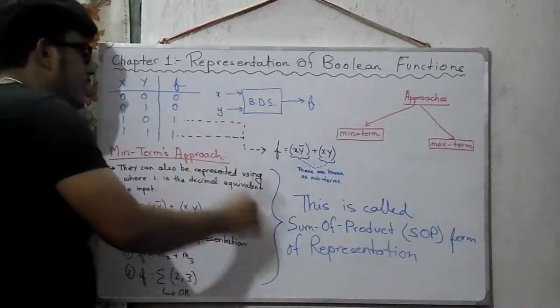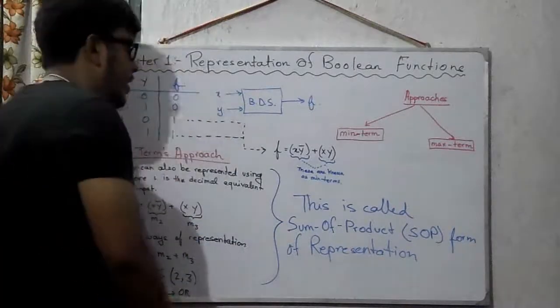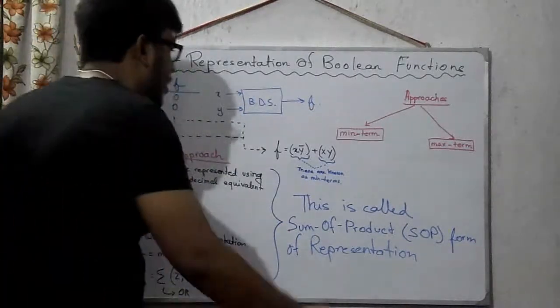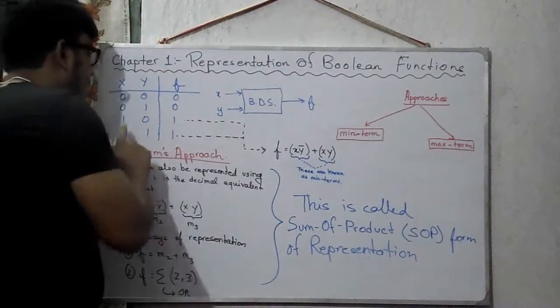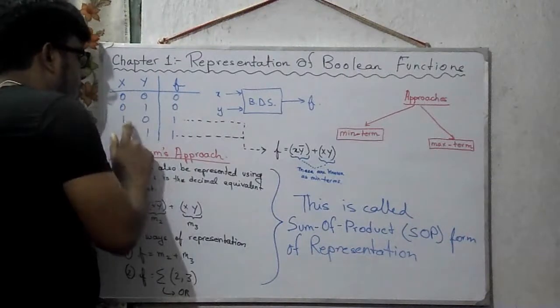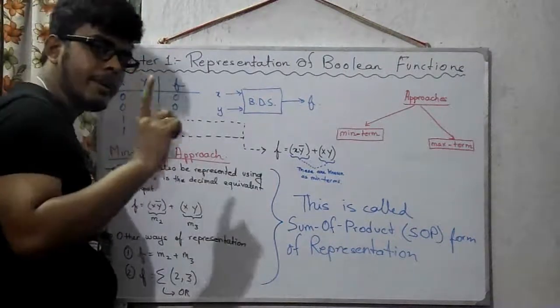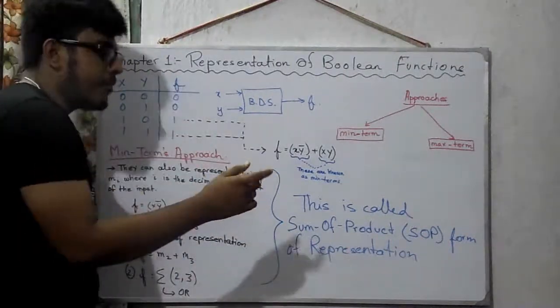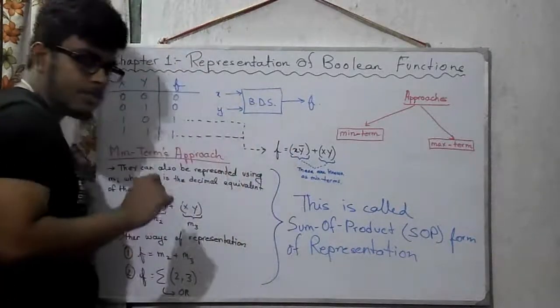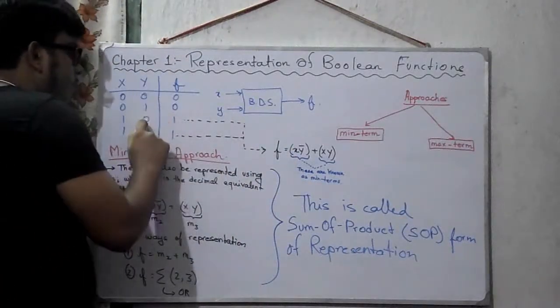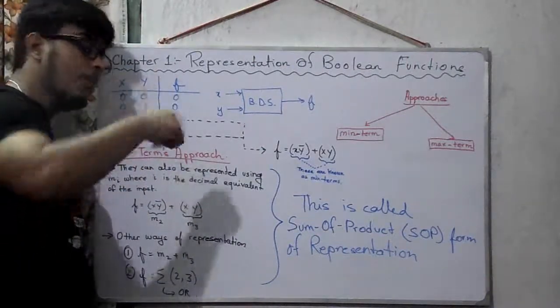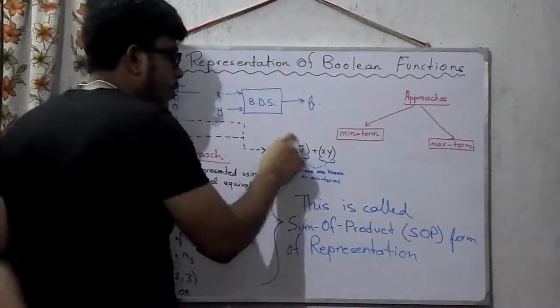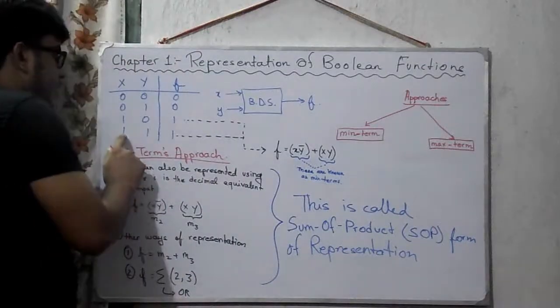So we perform the AND operation with the convention I mentioned. In the first case, x equals 1 and y equals 0. Since x is 1, it is represented in uncomplemented form, so it is x. Since y is 0, it is represented in complemented form, that is y complement.